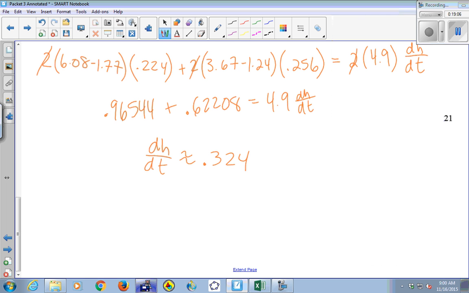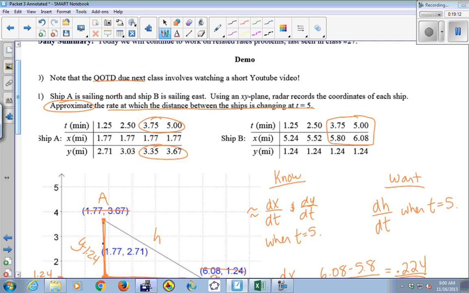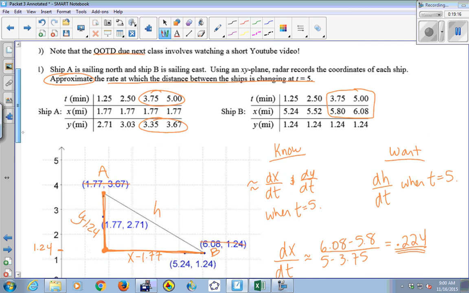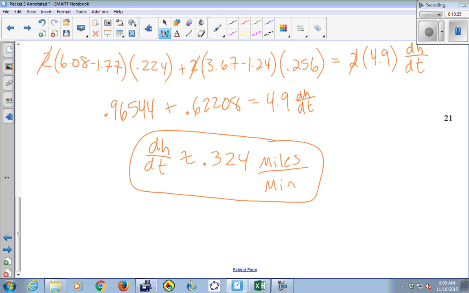What should my units on that be? Miles per minute? Yep, because my x and y are both in miles, so my h will be in miles, and my time is in minutes, miles per minute.